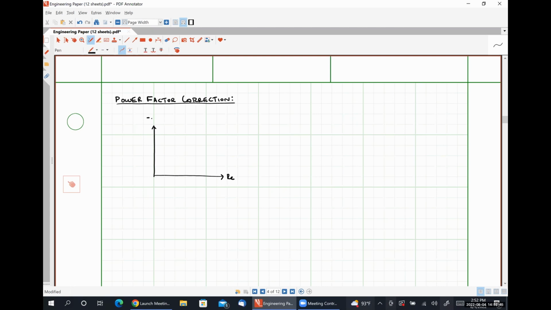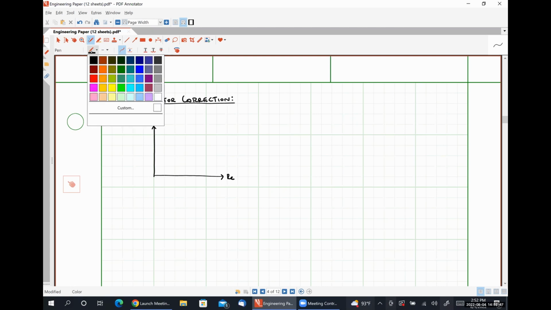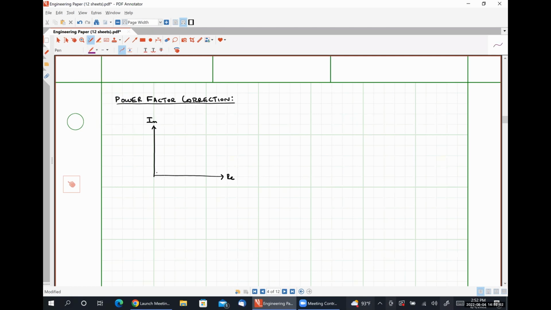Here's the real axis, here's the imaginary axis, and here is S, and I'm going to call this S old. This represents the complex power that is absorbed by the load before we apply our power factor correction technique.